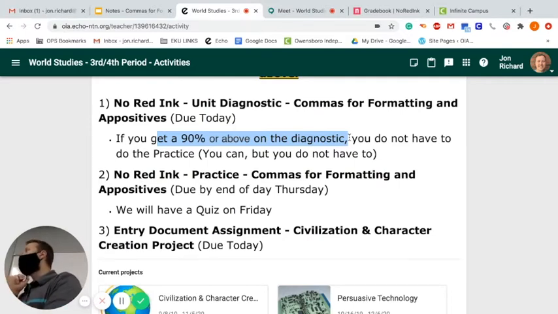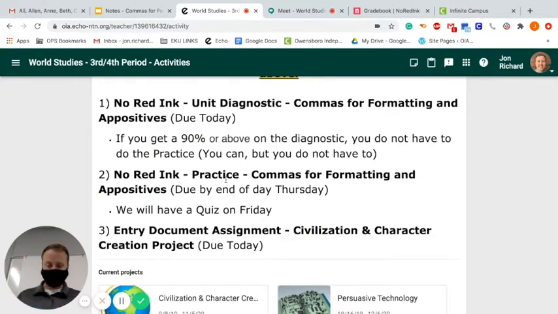So you need to do the practice if you don't take the diagnostic. Only if you get a 90 or above can you not do the practice, okay? So there are two different assignments in NoRedInk that you'll see. One is the diagnostic and one is the practice, okay? I encourage everybody to take the diagnostic, but if you can't or don't want to, you can go ahead and start the practice.